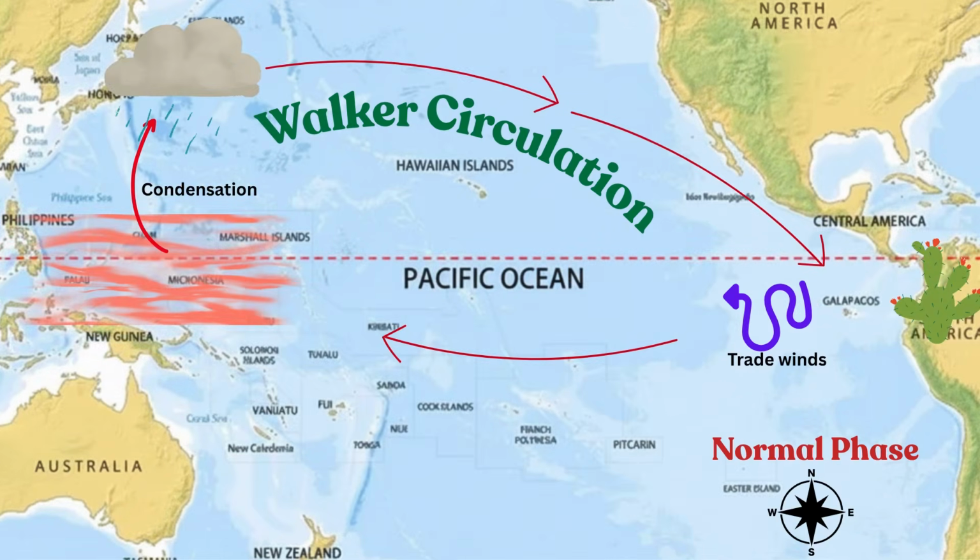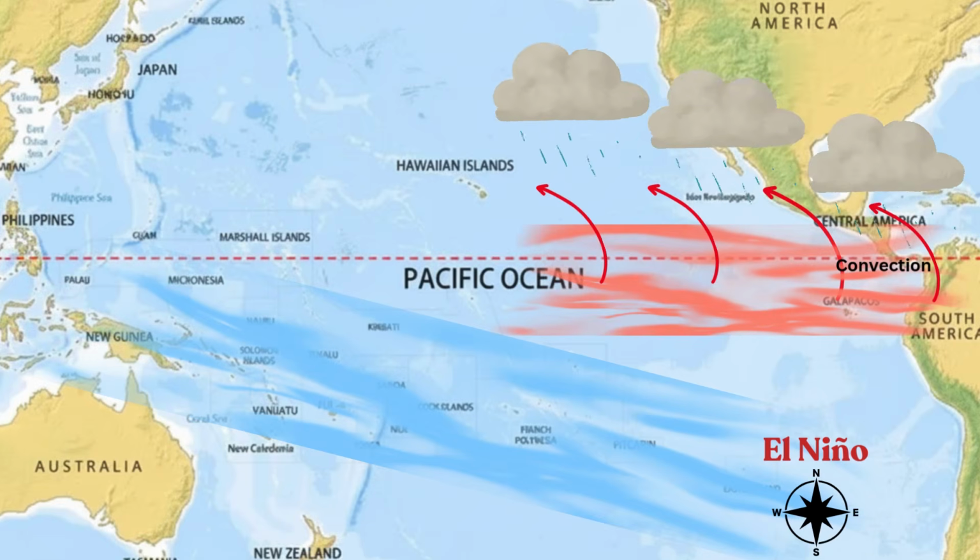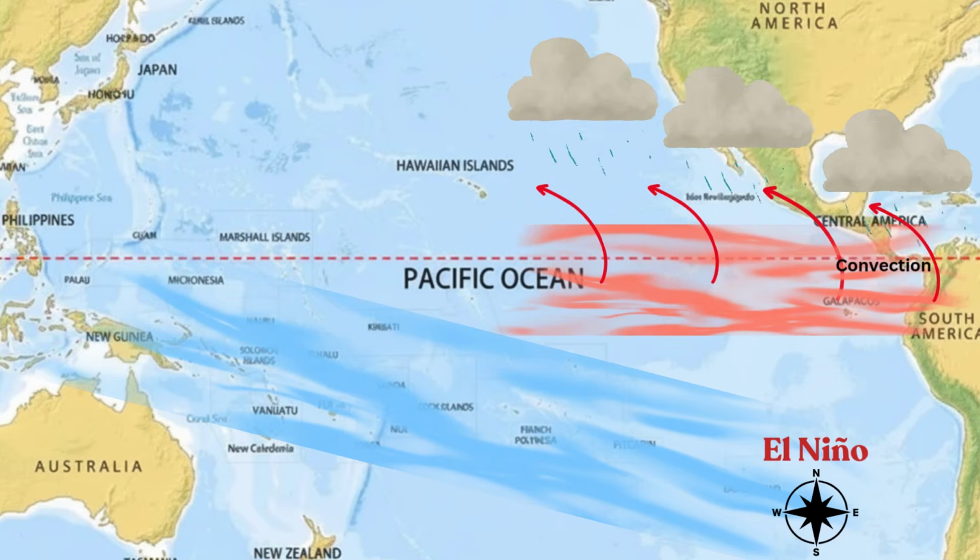Normally, the Walker circulation drives rising air, cloud formation, and rainfall in the western Pacific, near Indonesia, Southeast Asia, and northern Australia. During El Niño, as warm water spreads eastward, the main area of convection shifts toward the central and eastern Pacific. This brings increased rainfall and storm activity to the central and eastern Pacific, including places like the western coast of South America, which are usually dry.